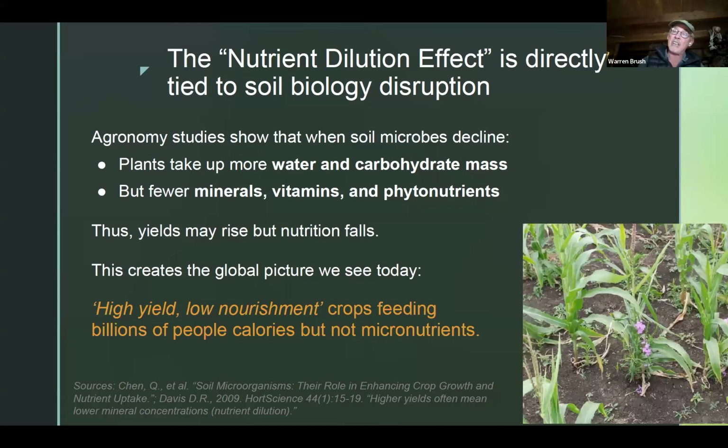Or our animals that are eating those plants will also be healthier. And so it's an important thing to think of when we start to look at programming. Are we programming nutrient diluted plants or nutrient dense plants? And at the end of this presentation, David Kalama will walk us through some of the ways that we can measure that. Next.